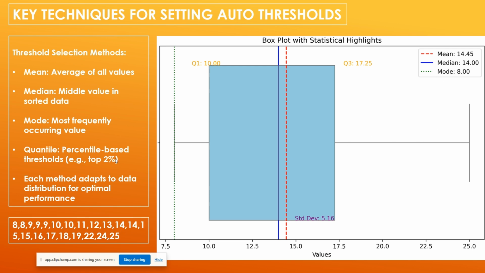Then mode, as I told you, is the most frequent number. You can see which number has occurred the maximum number of times. If we see, 8 happens two times, then 9 happens three times, then 10 happens two times again, then 14 happens two times again. Then all the other numbers are unique.